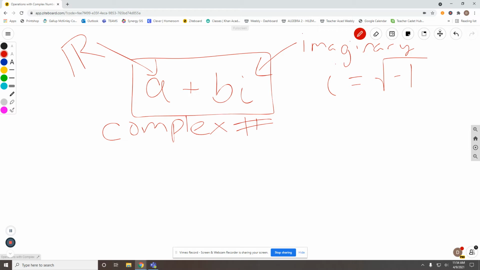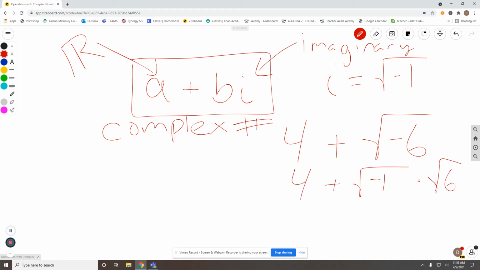So if I was trying to simplify something like the square root of -6 plus 4, the 4 can't be simplified any further. This root of -6, remember, is like the square root of -1 times the square root of 6.